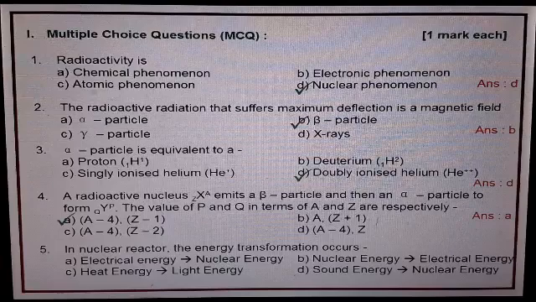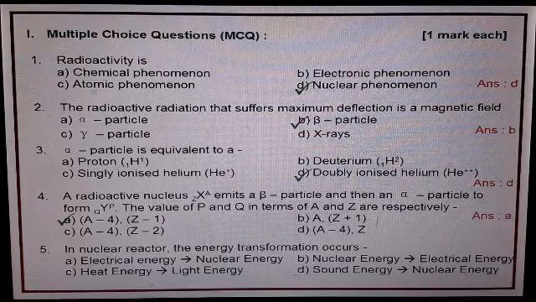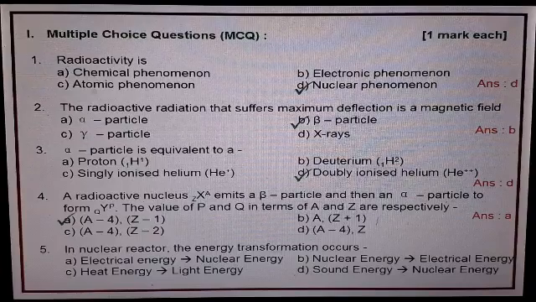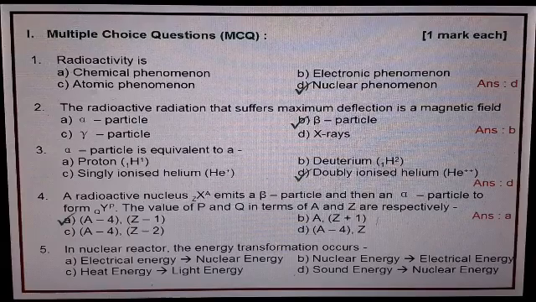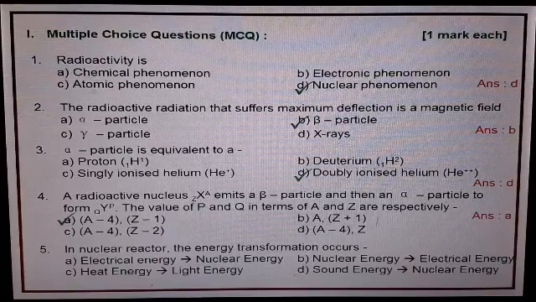We have discussed this particular question in your previous video also, where we have seen the step-by-step solution of this problem. Number 5. In nuclear reactor, the energy transformation occurs. See here, they are given electrical energy to nuclear energy, nuclear to electrical, heat to light and sound to nuclear energy.